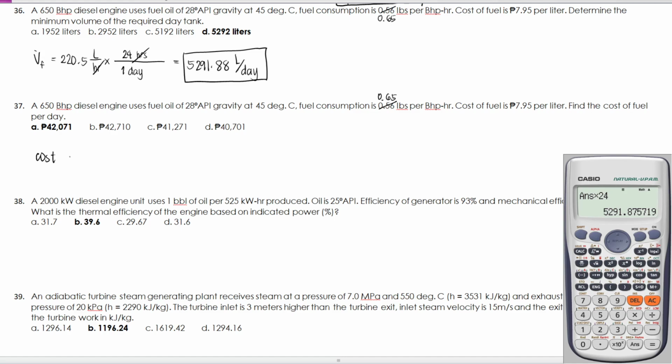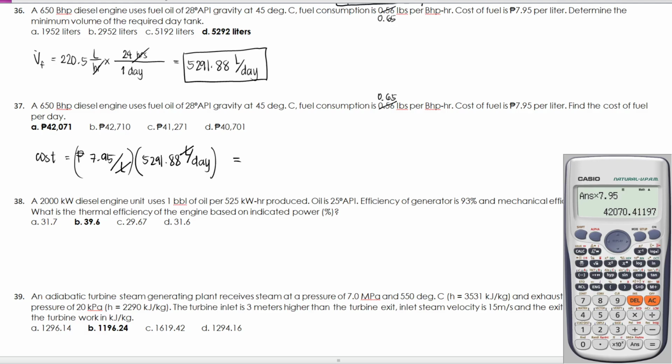So yung cost na given is 7.95 per liter. So multiply na lang natin ito dun sa 5291.88 liters per day na volume flow rate. So cancel out yung liters at makukuha natin cost is per day. So yung nasa calculator natin, multiply na lang natin sa 7.95.